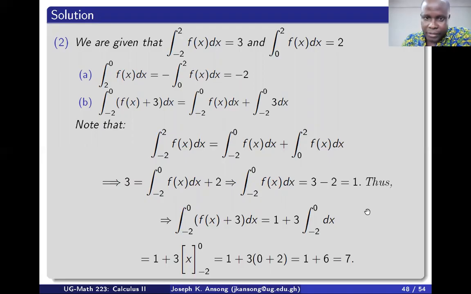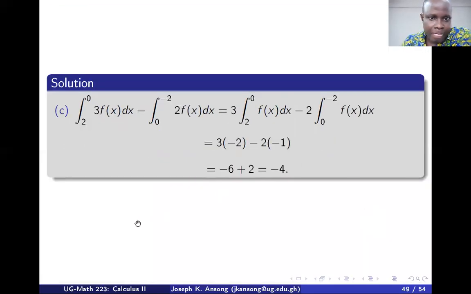And then let's go to the last one. The last one, we want to compute this difference: the integral from 2 to 0 of 3 f of x minus the integral from 0 to negative 2 of f of x dx. Again, this is just applying the properties that I just outlined. Here I can pull out a 3, here I can pull out a 2, and I have this.